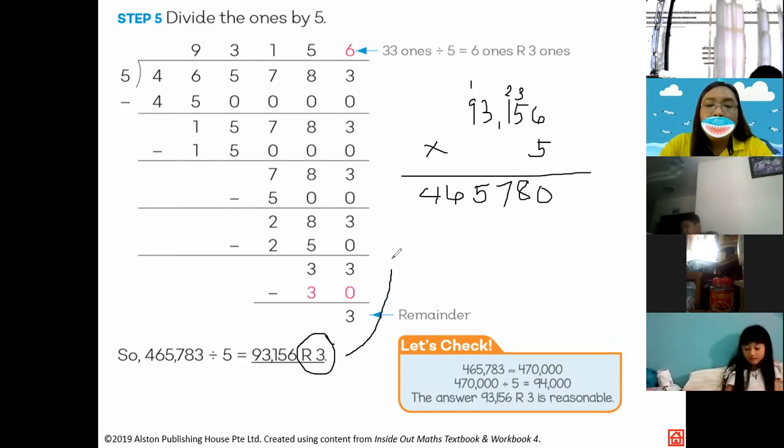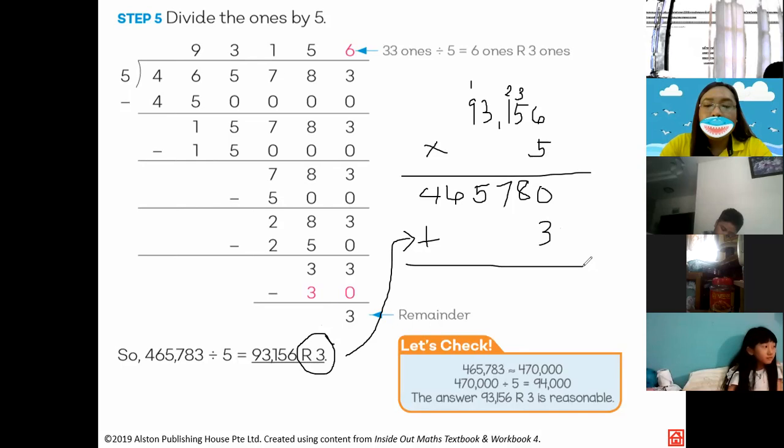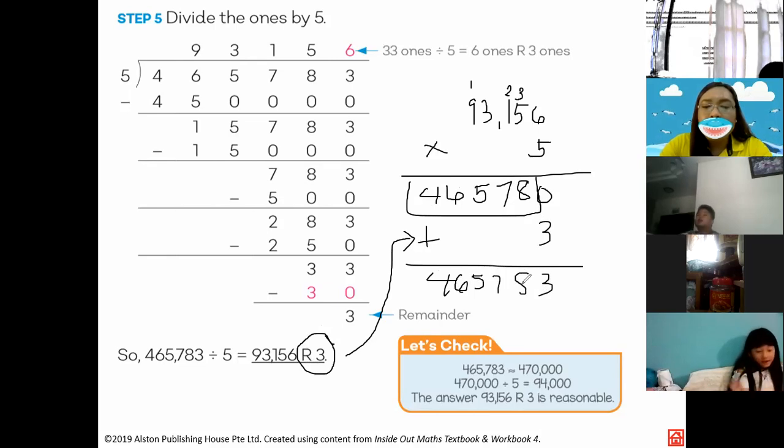Okay, so all we have to do is to add the remainder. Plus 3. Okay, 0 plus 3, that's 3. And then bring down the rest of the number, which is 4, 6, 5, 7, and 8.